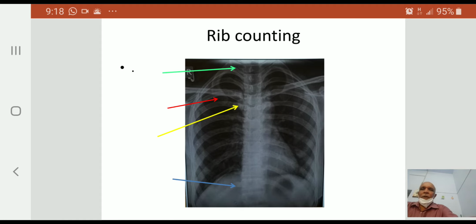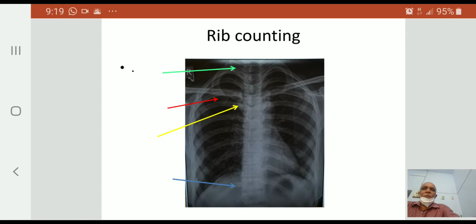And the second point is rib counting. How to count the rib is important. Suppose there is a fracture of a rib. Which rib has the fracture is identified by rib counting. There are 12 pairs of ribs. Each rib is attached to the vertebral column at the posterior end.